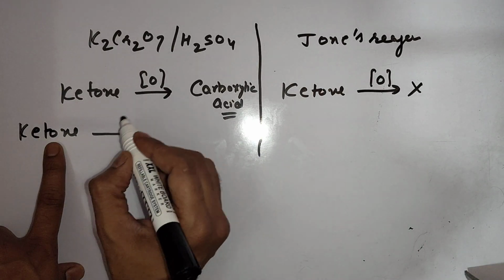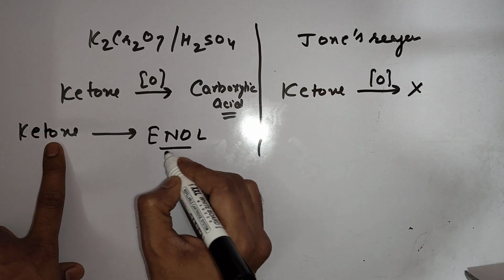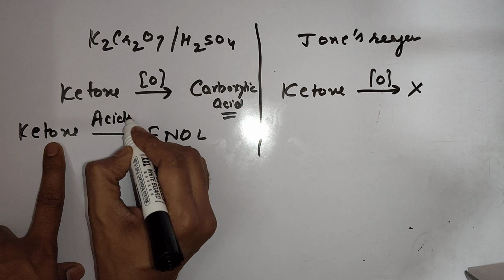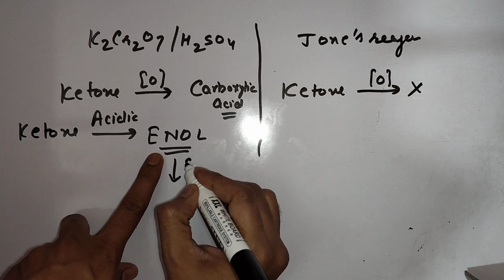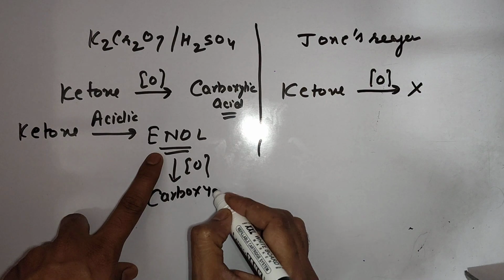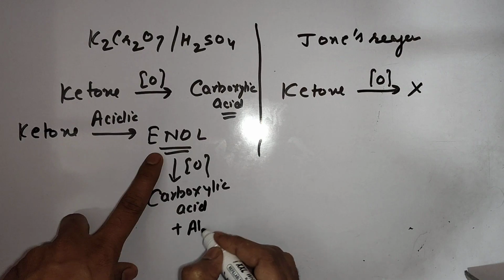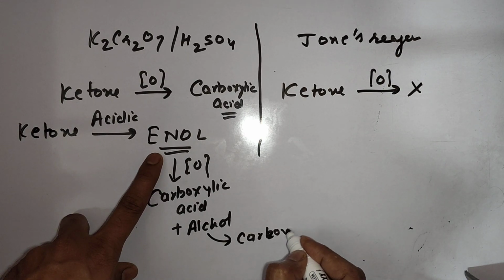Actually, ketone will convert itself to enol first, enol in acidic medium. And that enol will be further oxidized to carboxylic acid. Plus alcohol will also be there, which will further oxidize to finally carboxylic acid.